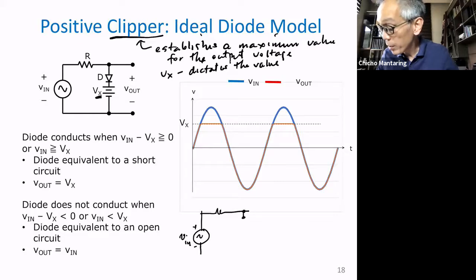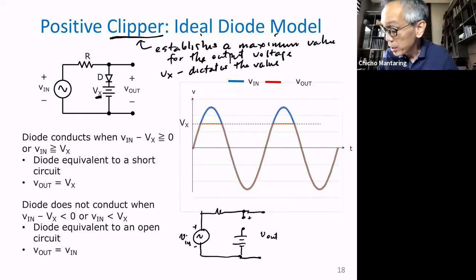So method 2, ibig sabihin, kunin natin yung open circuit voltage. Okay, so this is now V out. So this is plus minus V of D. No? When will the diode conduct?